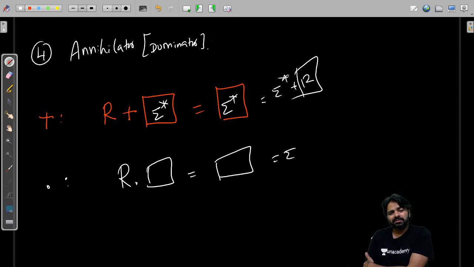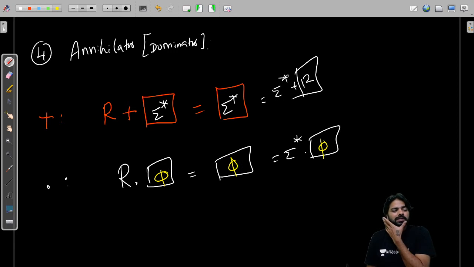Everyone? Okay, who is that box? It's going to be pi. Pi acts as a dominator because pi dot anything is pi. So here plus is not plus, sigma star.